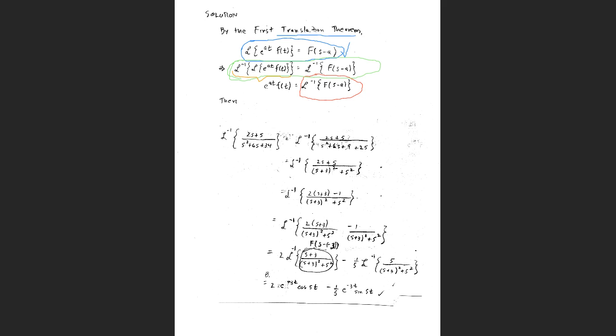That's just going to give you the function e to the at times f of t, because the inverse Laplace transform and the Laplace transform are inverse operations. So you're taking the composition of two inverse functions essentially, and that gives you what's inside, e to the at times f of t.